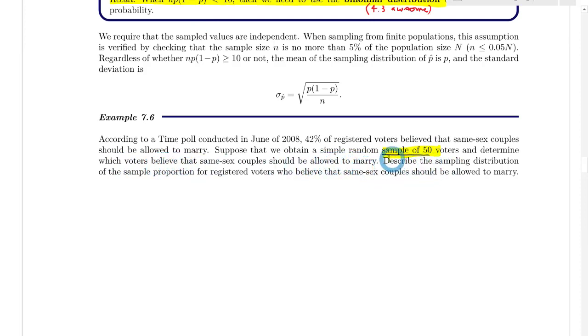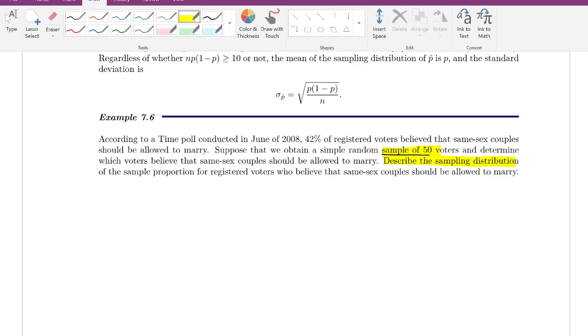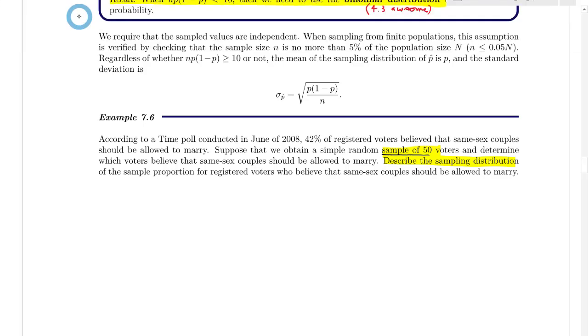Describe the sampling distribution, right? And when they say sampling distribution, remember, they want you to describe the mean and standard deviation with respect to the distribution.